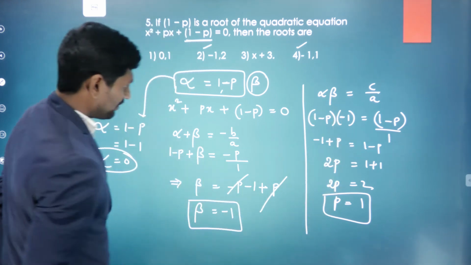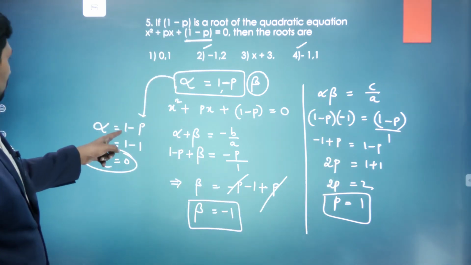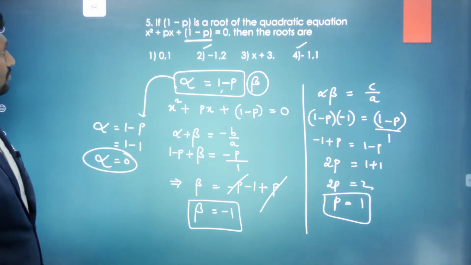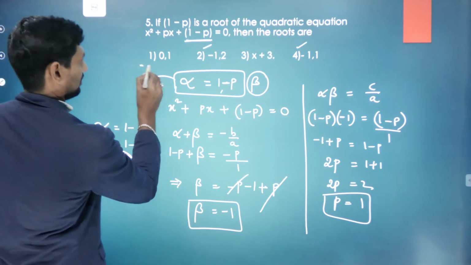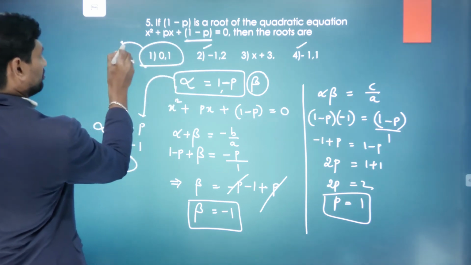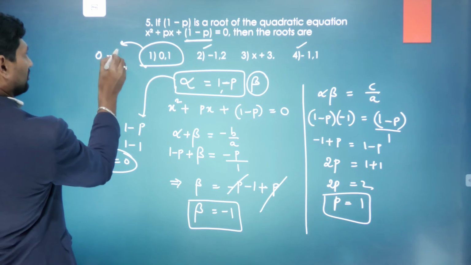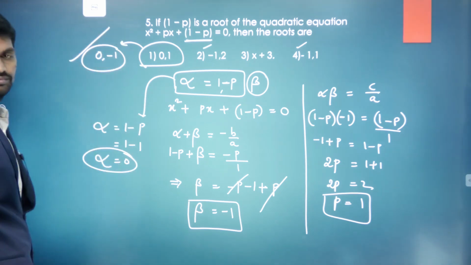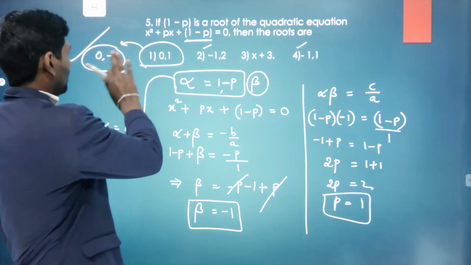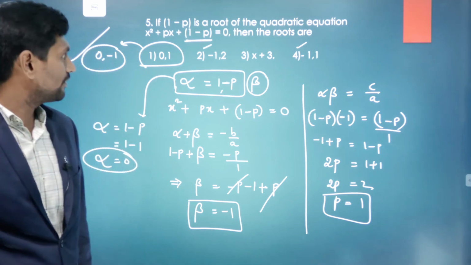Two p value is 2, p value is 1. Here only this should be changed: the option should be 0 comma minus 1. This is our answer. Okay, na? Just change the option as 0 and minus 1.